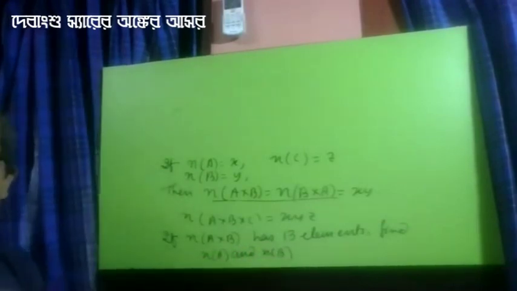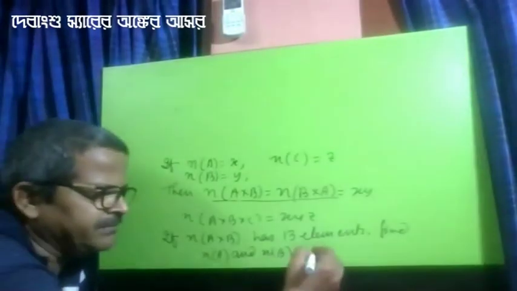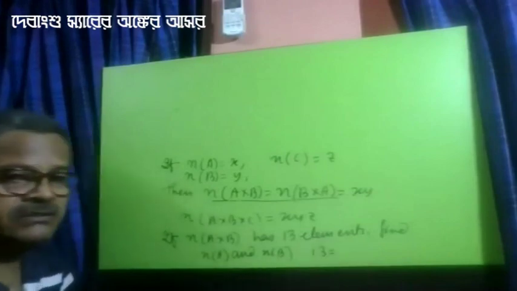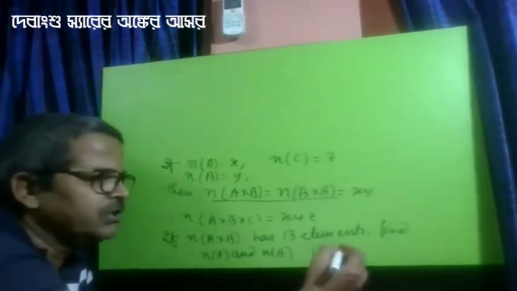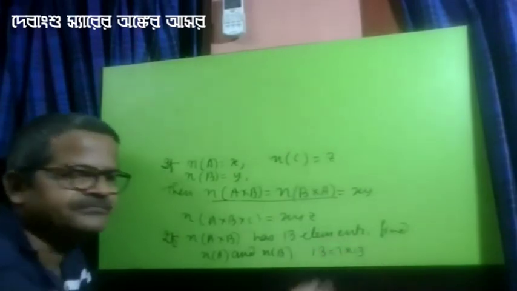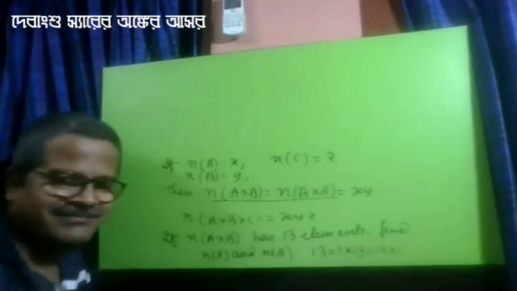Now see, 13 is a prime number. So the only way you can express 13 as a product of 2 numbers is 1 into 13, or 13 into 1.